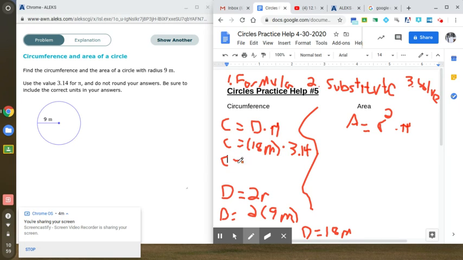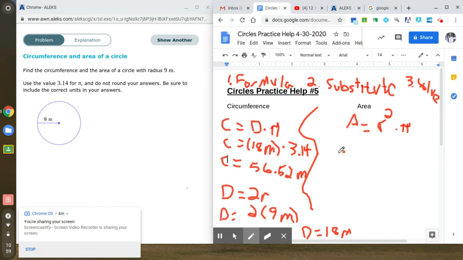So we found our circumference equals 56.52 m. And again, our answer only has 1 m because there's only 1 m in the formula. So this is our answer for the circumference part of the problem.